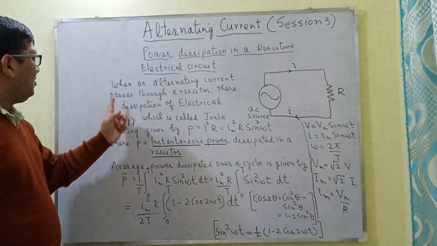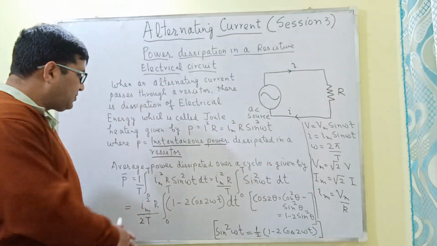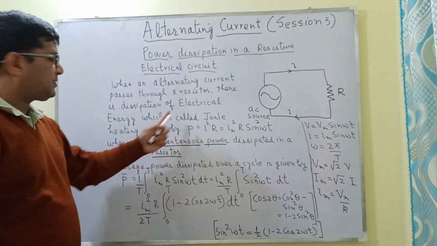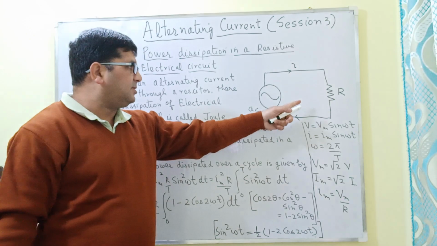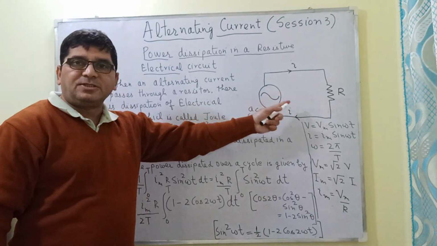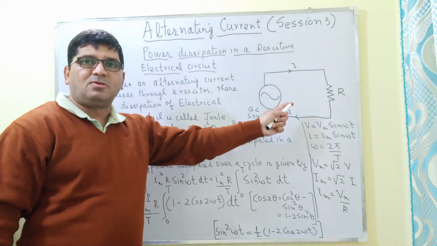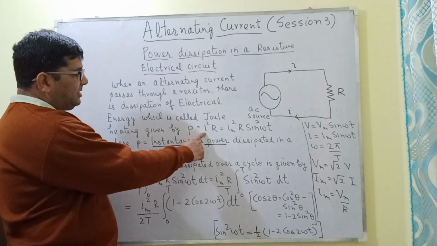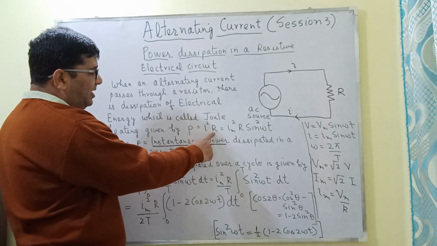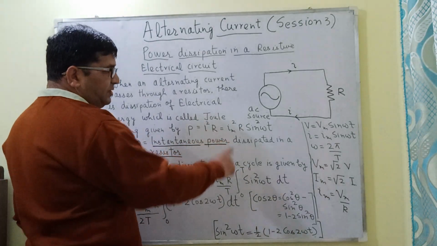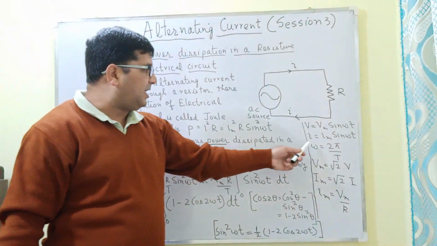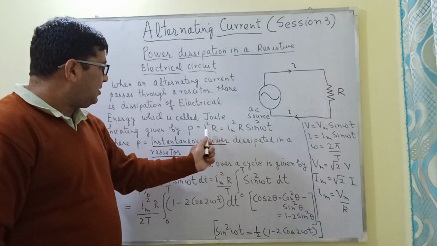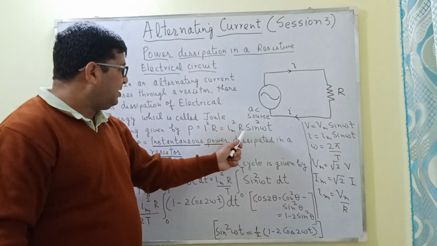And now, I have written some bullet points here in order to save time. So when an electric current passes through this resistor, there is a dissipation of electrical energy, which is called Joule heating, and this Joule heating is given by I square R. That is, P is equal to I square R, and since we know from the previous session that I is equal to Im sin omega t, where Im is the current amplitude, I have put this value of I in this equation.